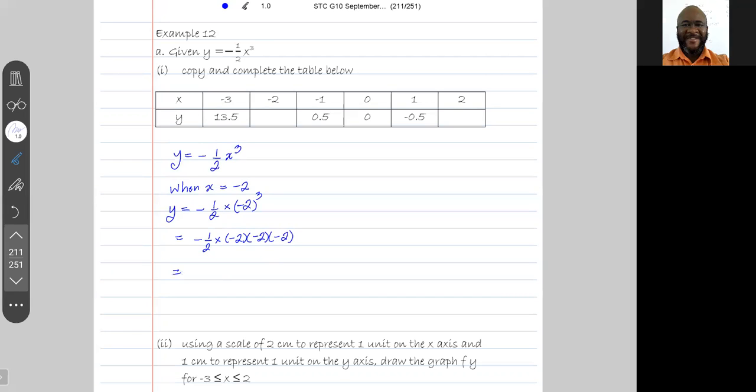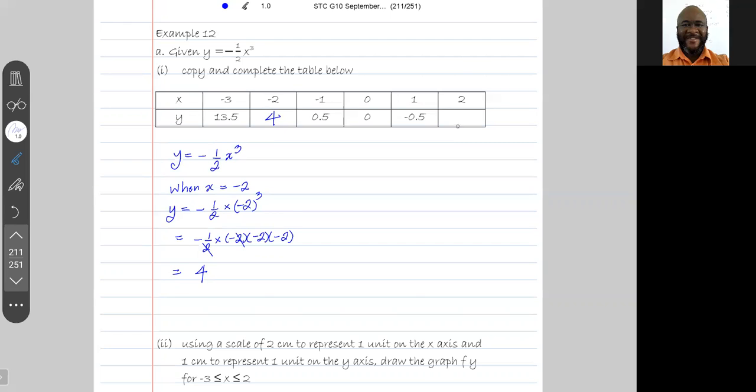First thing, let's deal with the signs. Since I'm multiplying 4 negatives, the answer must come out positive. So my answer is positive. 2 cancels 2, leaving 2 2's. Answer is +4. So the value of y when x is -2 is +4.